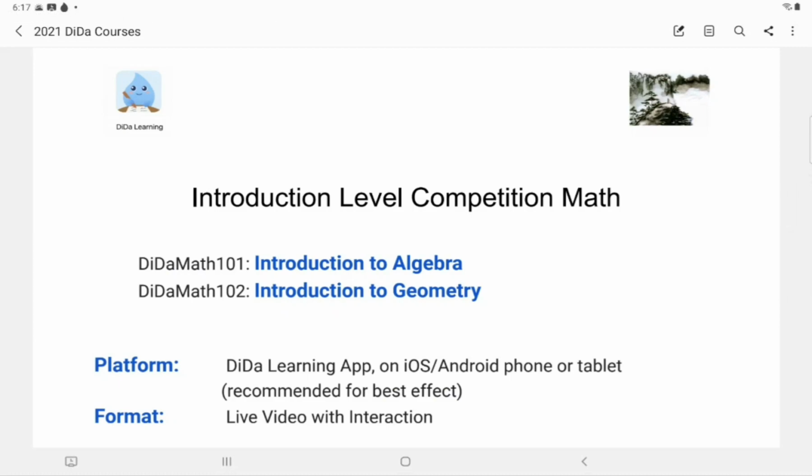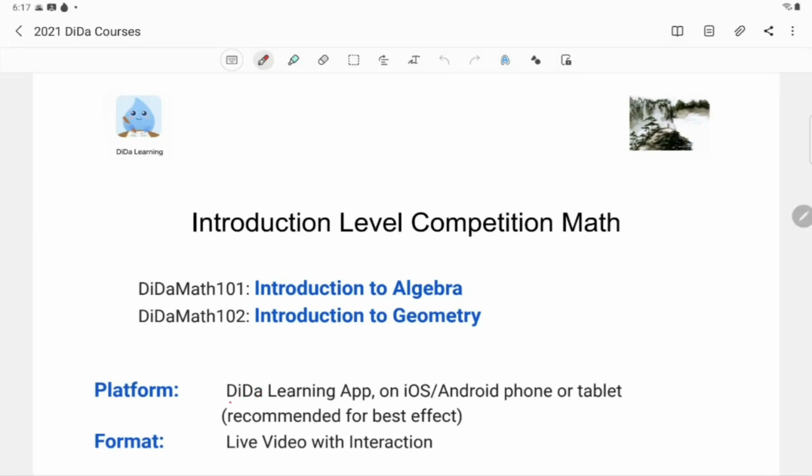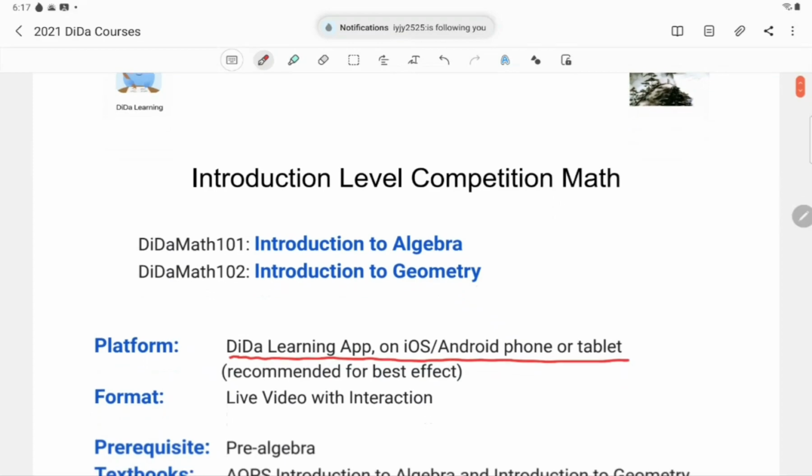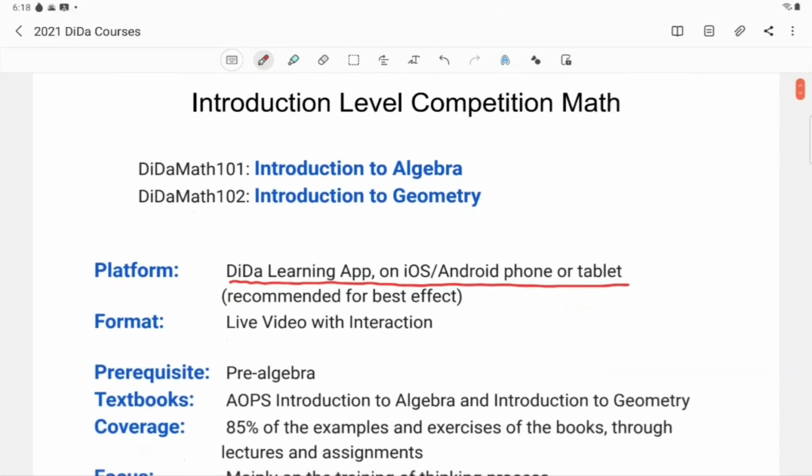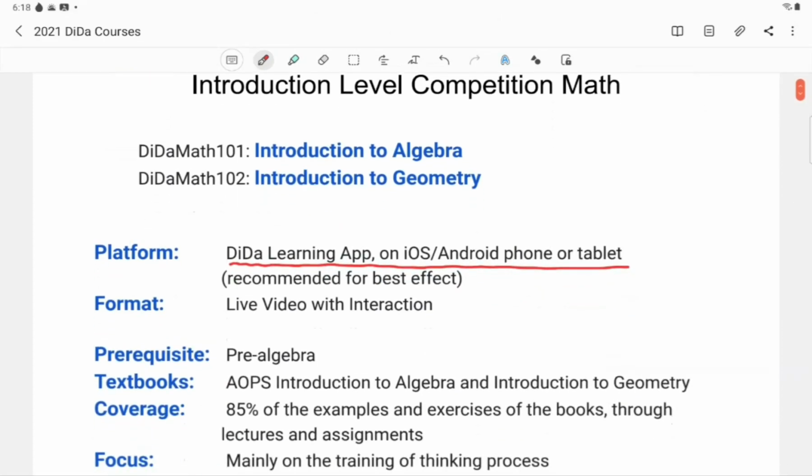So I want to highlight again the platform I'm going to use. It's an app that some of my team members and I developed, and it's specifically for online education. That's why I'm using it.